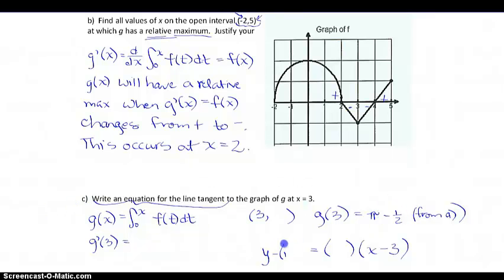So this is y minus y1. And now we need the slope at x equals 3. We've already clearly shown them here that we recognize g prime as f, so we can just show them we're after f of 3. We come up here to our graph and we see at x equals 3, y equals -1. So this is negative.